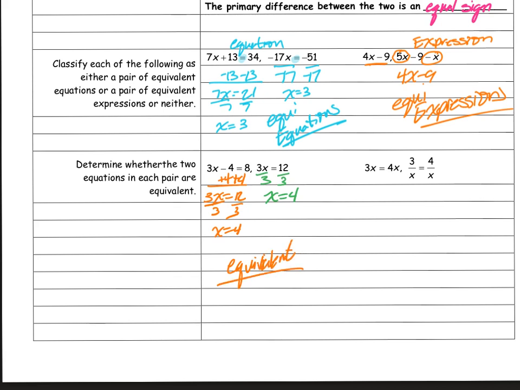Now we're going to go to the second set of equations. If I subtract 3x from both sides, 3x minus 3x is 0, so x equals 0. Now the fraction one: 3x equals 3 over x equals 4 over x.